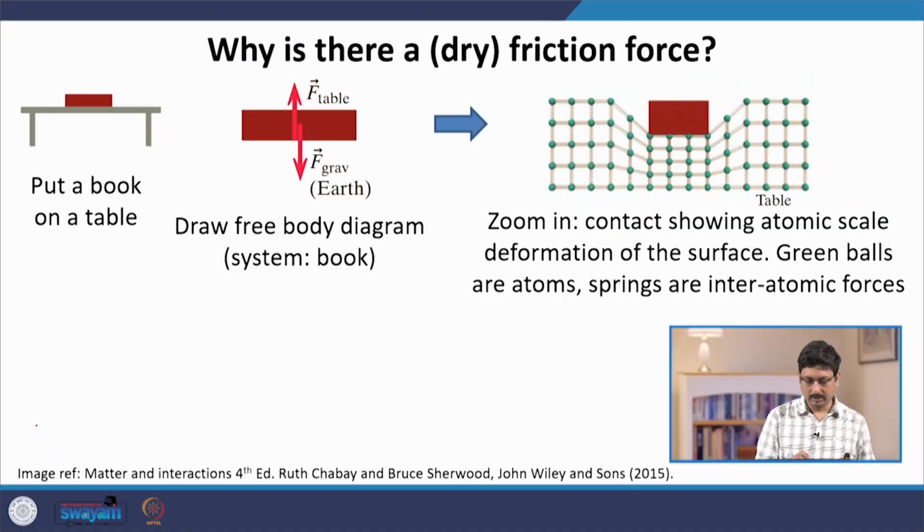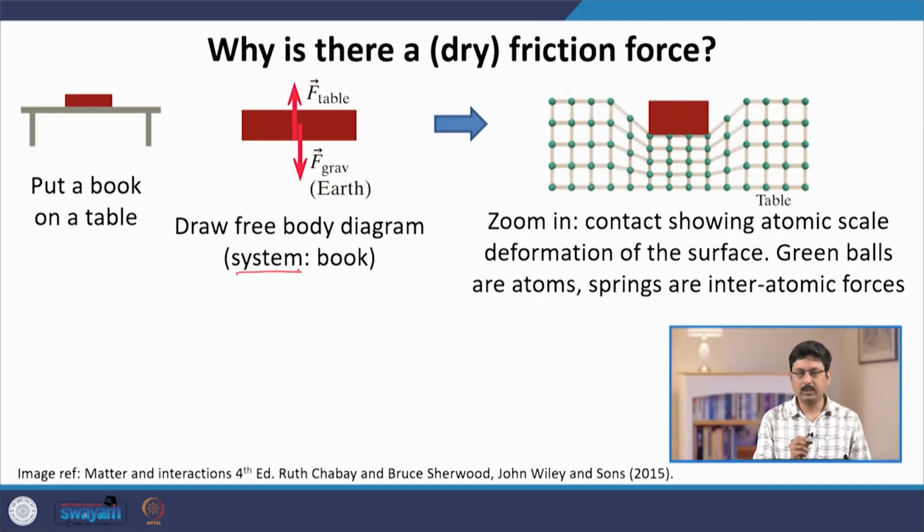First, let us ask this question: why is there a frictional force? In this case, I am going to consider only situations where two solid surfaces are in contact with each other. Let us take this simple example: I put a book on a table. Imagine as before that this is my table and this is a book. I put the book on the table and let us say this book is at rest.